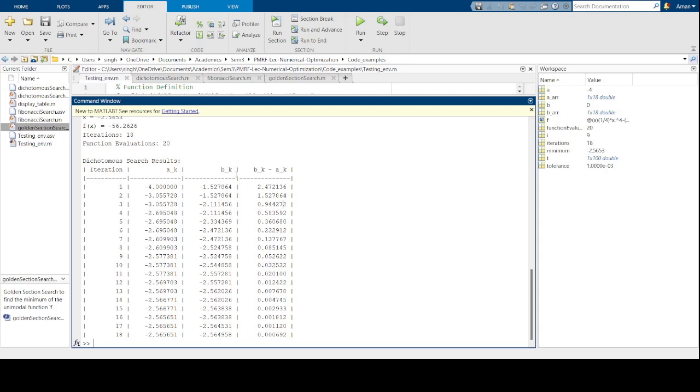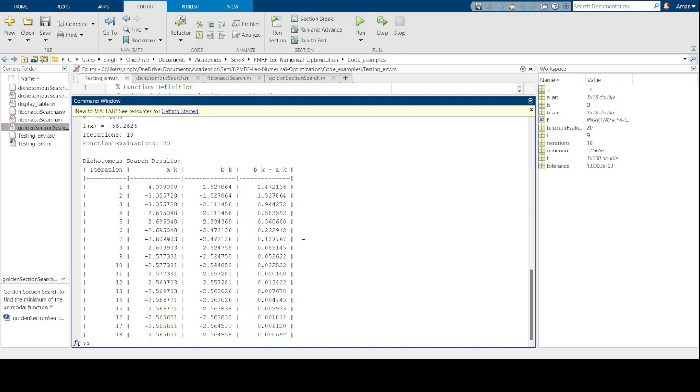So because of this difference, it takes slightly more iterations to get the same tolerance level in golden section search than in Fibonacci search. That's why it took a little bit more iterations. That is 18 as compared to 16 for Fibonacci search.